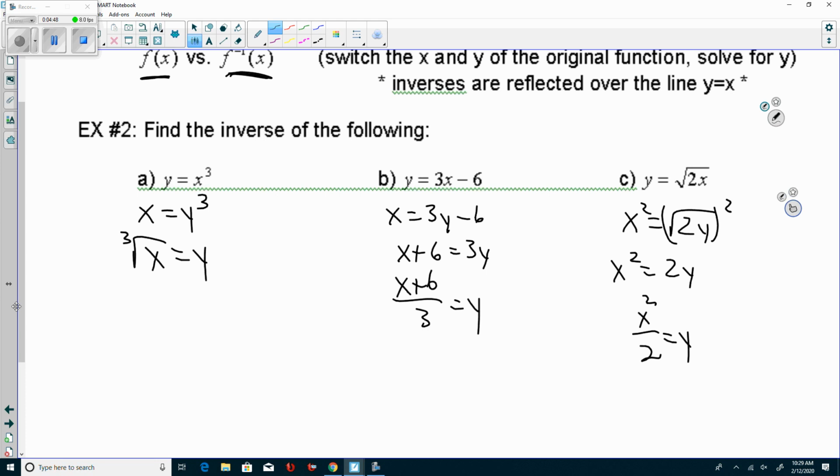Now let's take a look at page 40. Because sometimes they're going to say prove or verify that they are inverses. So we might give you two separate equations, and you'll have to prove they're inverses. Here is the first one. Here is the second one.